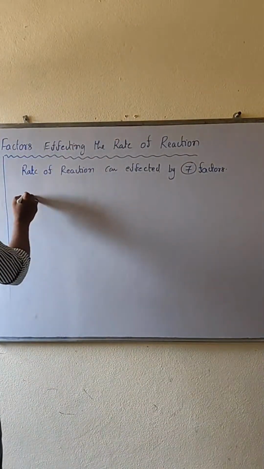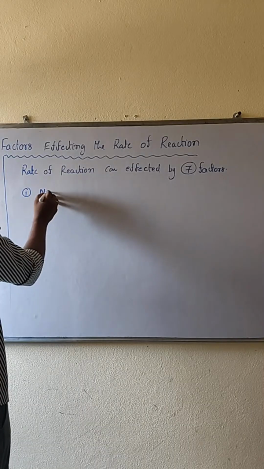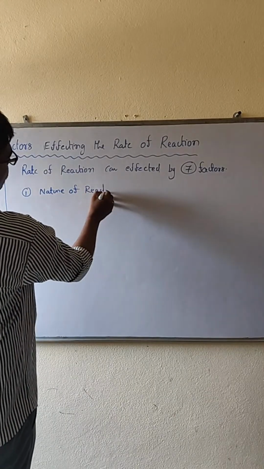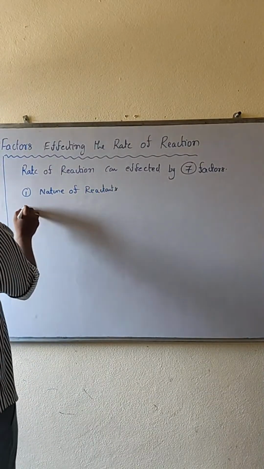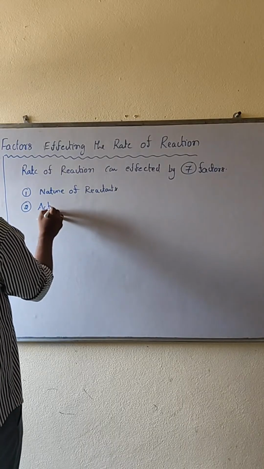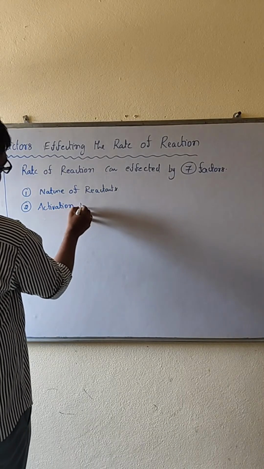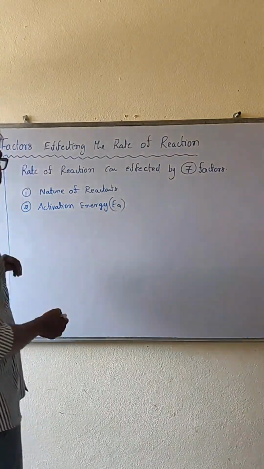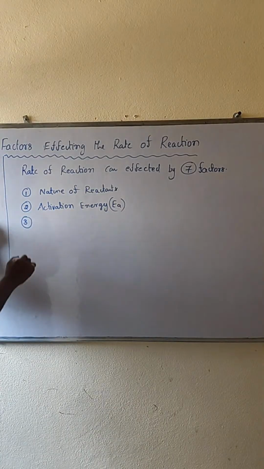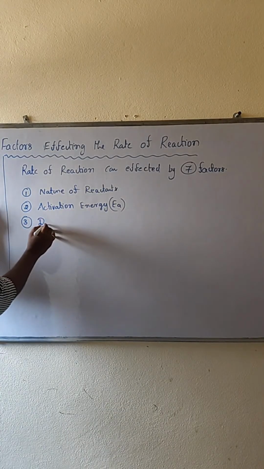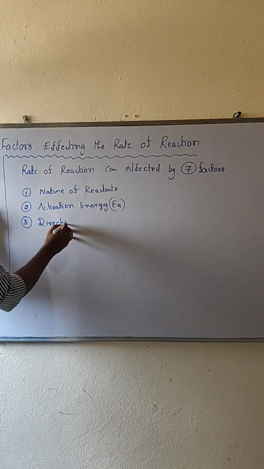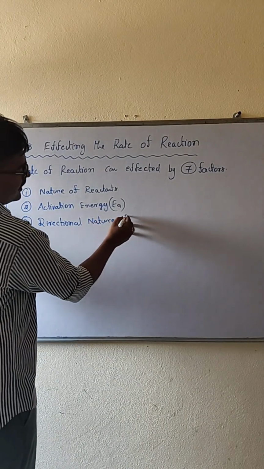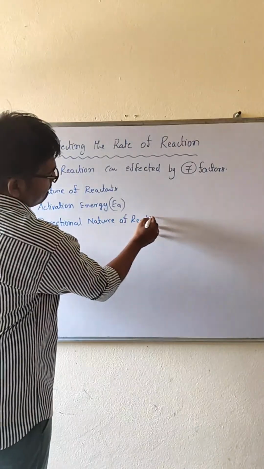Number one, nature of reactants. Number 2, activation energy, that is Ea. Number 3, my dear students, directional nature of a reaction.